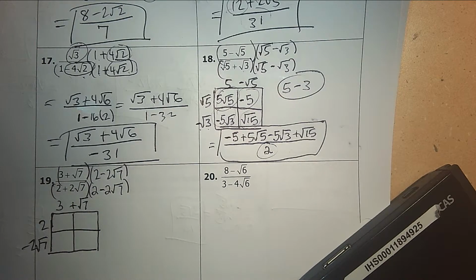So the conjugate, the numerator requires you to do some extra work to be able to distribute. The denominator should be simple.